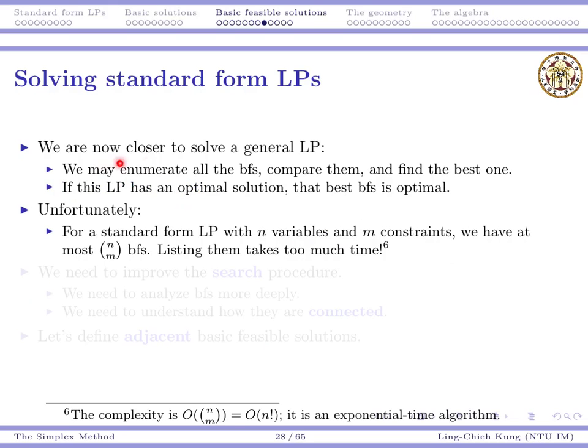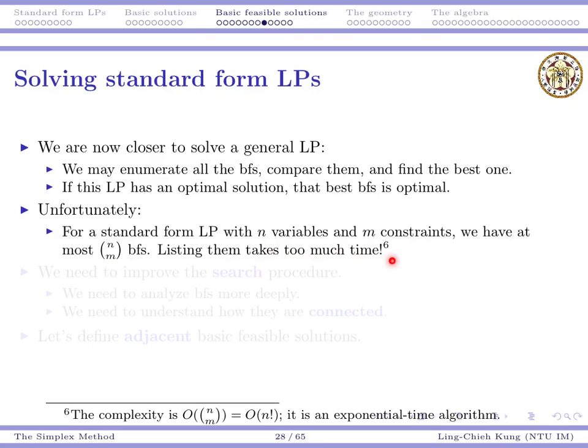So now we are closer to solving a general linear program. One possible way is to enumerate all the basic feasible solutions, and then we may find the best one. Unfortunately, it would be too time-consuming. If you have n variables and m constraints, we know we have at most n choose m basic feasible solutions. Just convince yourself that if n and m are both very large, then this number can go to a very large scale, and listing all of them would take too much time.